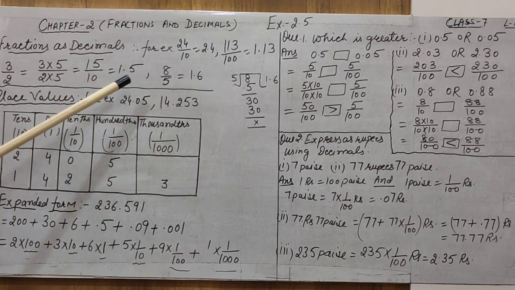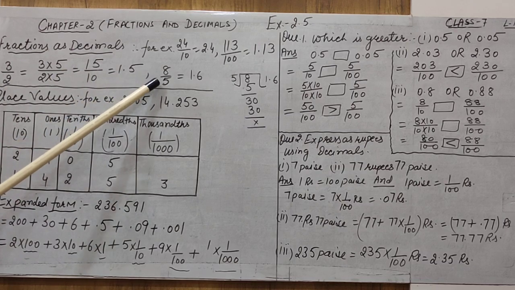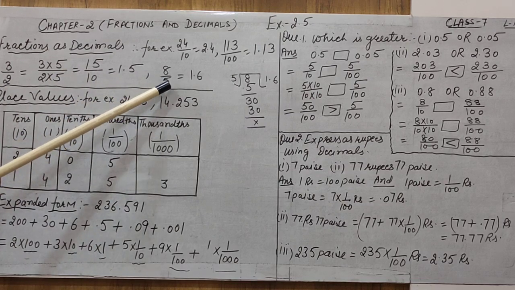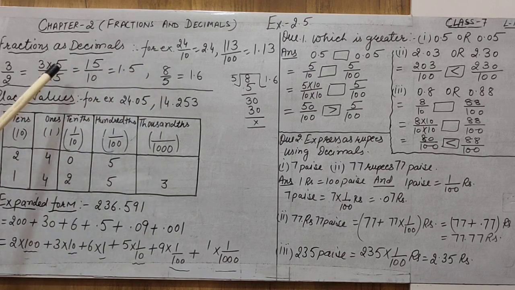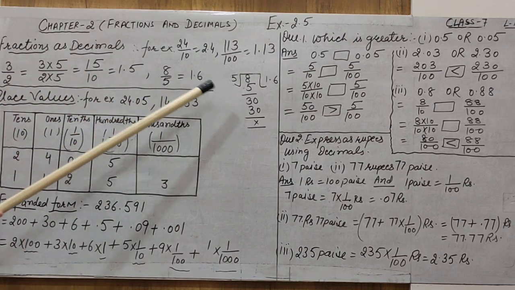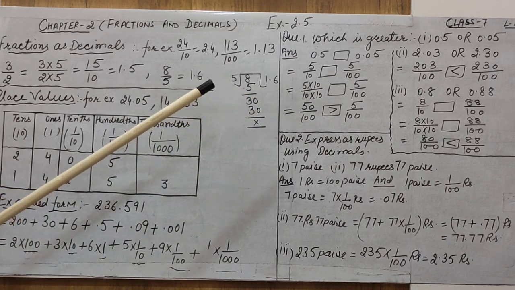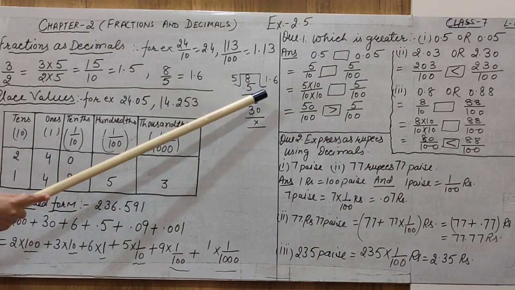Now, how can I convert 8 by 5 into decimal? The same method we can use here also. 5 can be converted into 10 by multiplying with 2. That is one method, the equivalent fraction method, to convert fractions into decimals. Or if we directly divide the two numbers, we can also convert them into decimals.